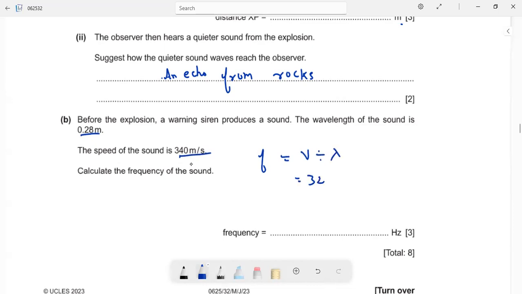That is 340 meters per second divided by 0.28 meter. Meter and meter will get cancelled. 1 per second means it is hertz. So the answer is 1200 hertz.